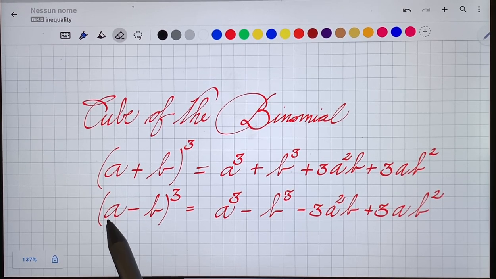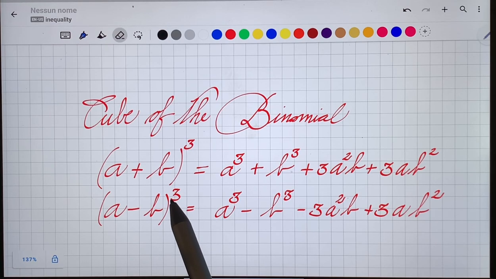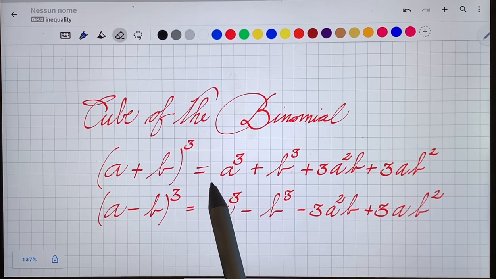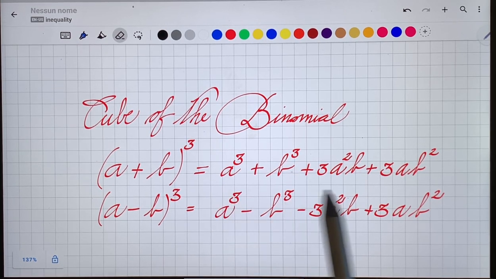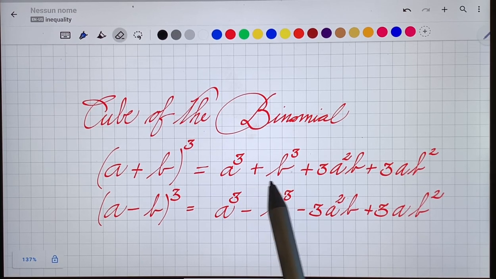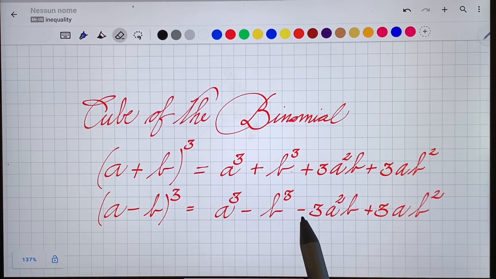Instead, if you have a minus b all to the power 3, what we have to do is just change those two plus signs into minus.